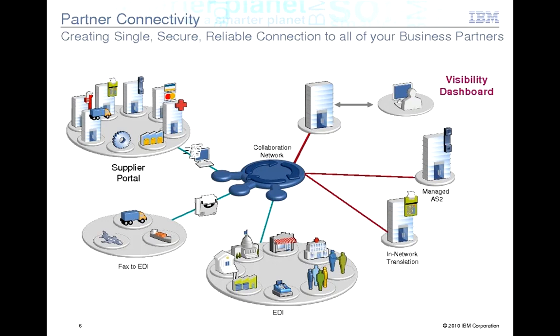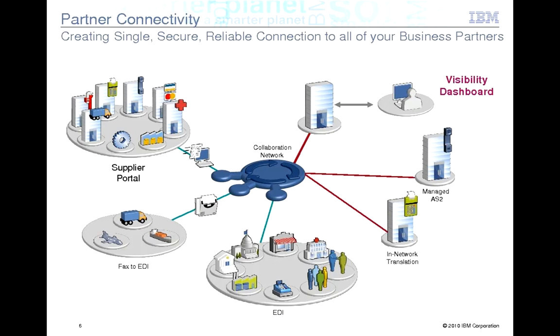Well, that's okay, because there's another strategy you can put in place that will take those faxes, those non-electronic documents, whether structured or unstructured, and translate them so they can be converted into the electronic EDI document you're expecting, coming across the network. So from where you're sitting, they all look like Tier 1 EDI trading partners.